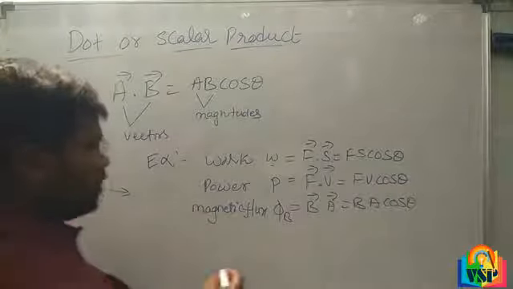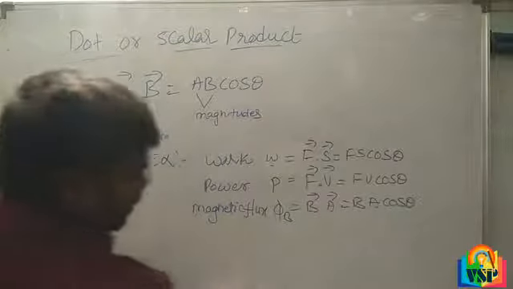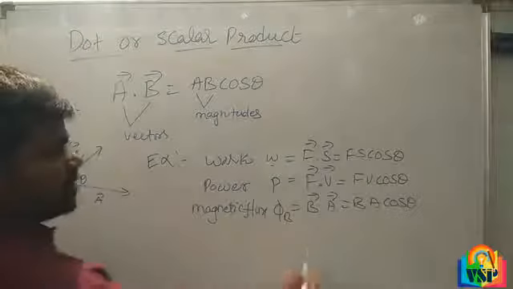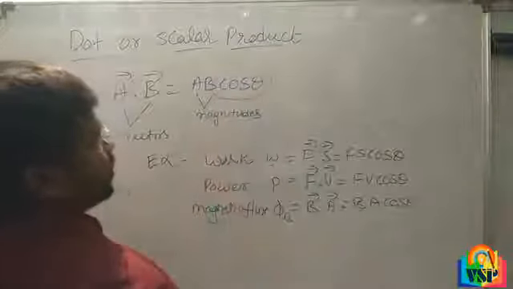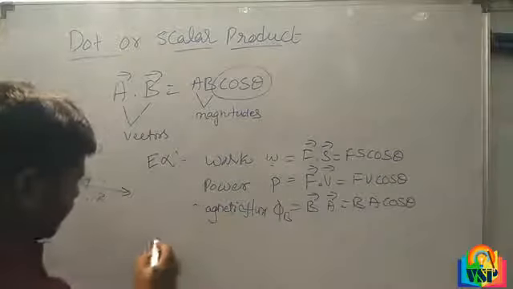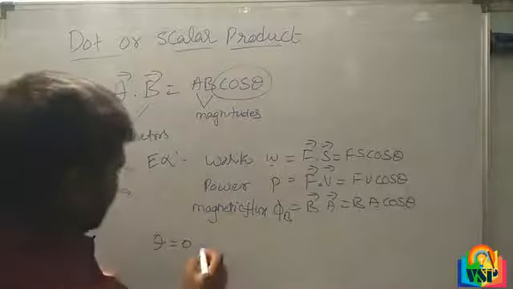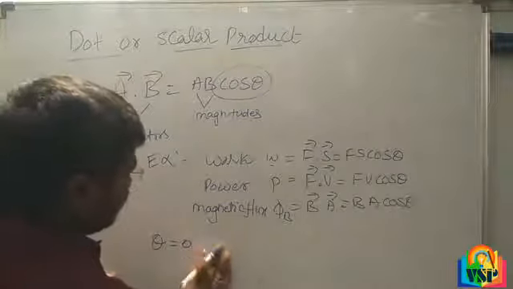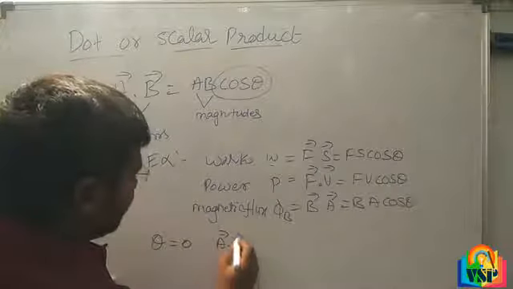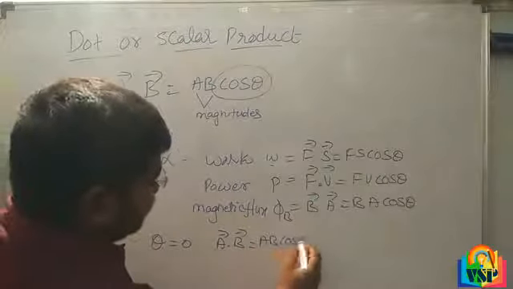Every dot product or scalar product may be positive, may be zero, may be negative, because it depends upon cos theta. If theta value is 0, we get A bar dot B bar equal to AB cos theta.